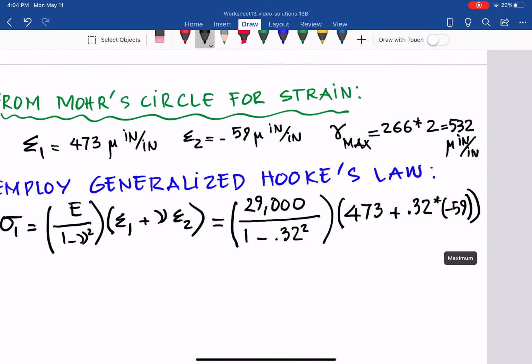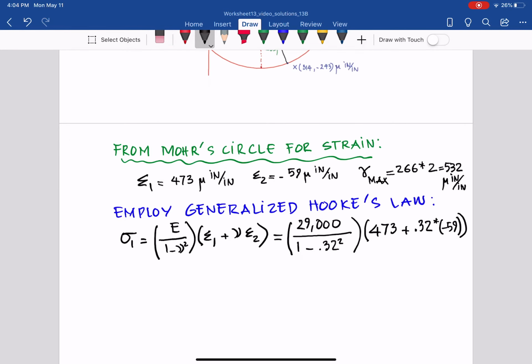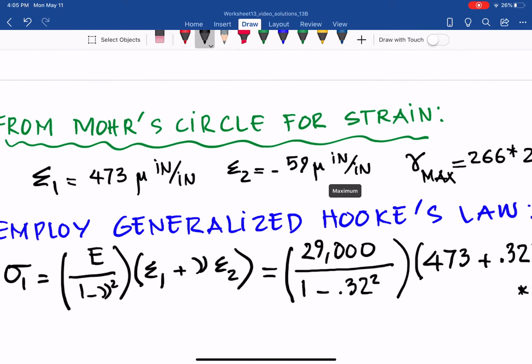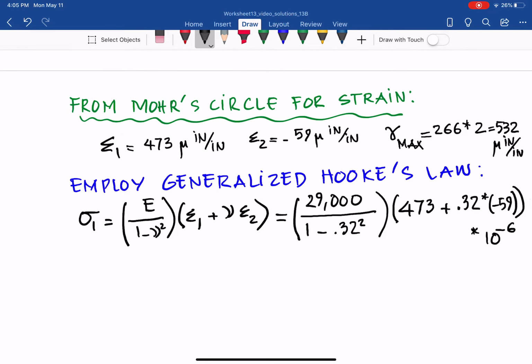and as you can see that is in micro, so everything else we have to multiply by 10 to the negative 6, because that is the micro epsilon, all in micro, right? Negative 26. With that equation, we can find out sigma 1 equal to 14,671,881 times 10 to the negative 6 KSI.